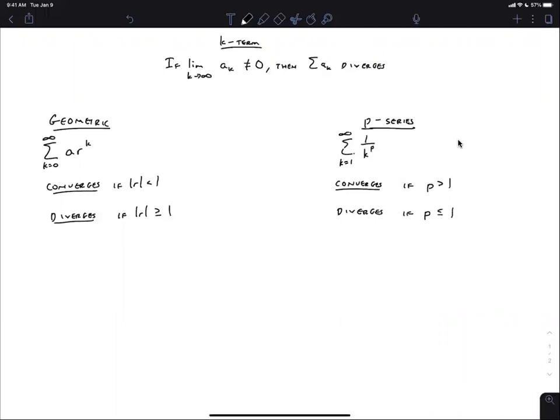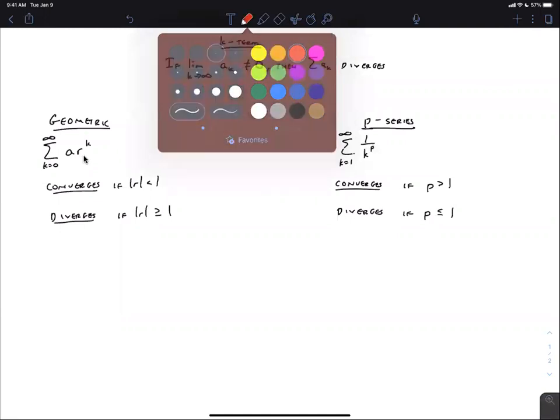If P is 1/2, or if P is 0.9, or if P is -1, then it's divergent. And if P is, obviously, 3 or 4 or 10, then this converges. And so these two together are a real big deal because this covers all exponentials.